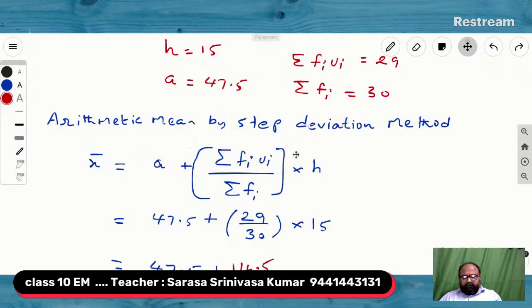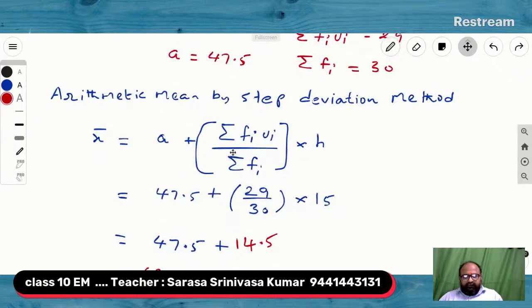Arithmetic mean by step deviation method: x bar equal to a plus sigma fi ui upon sigma fi, multiplied by h. So a, the assumed mean, is 47.5, sigma fi ui is 29, sigma fi is 30, h is 15.